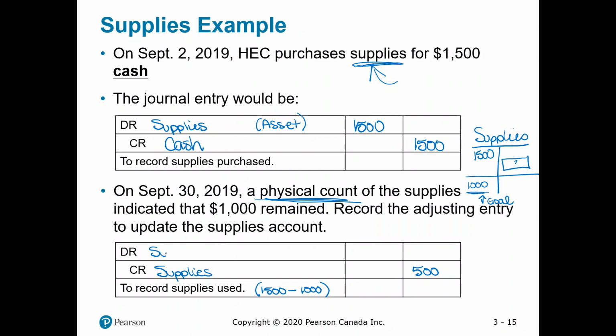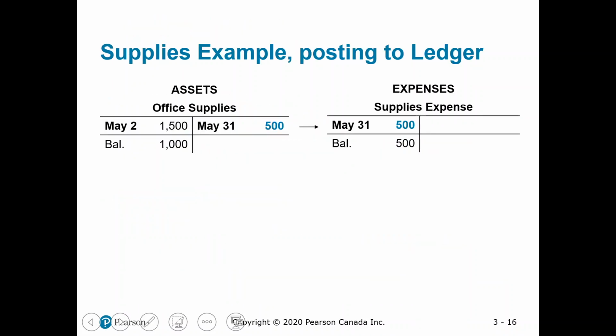And our debit here is to supplies expense for that same $500. So that is the amount that we used in the month. We used $500 worth of supplies. We took that benefit. Therefore, we need to record it as an expense. Again, we can see it in T account form here. We have the entry to record the purchase. We use up $500, and this is a big check mark here because we've got the $1,000 left in this asset account.